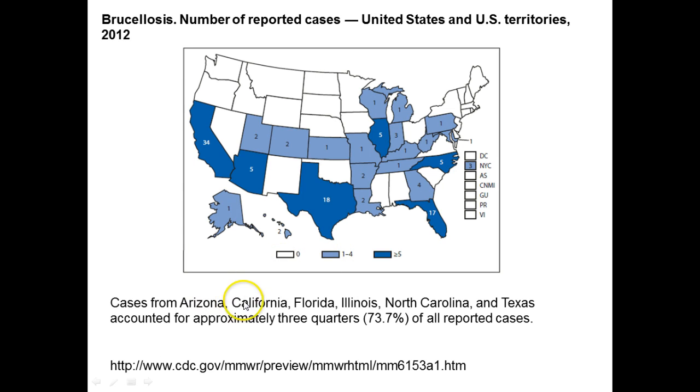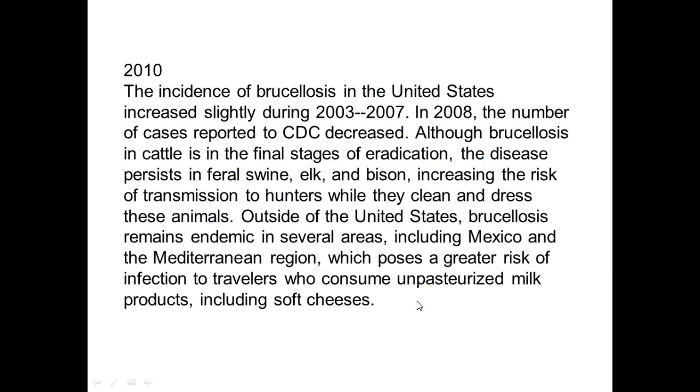They said Arizona, California, Florida, Illinois, North Carolina, and Texas account for three-quarters of all reported cases. And again, it just has to do with the fact that they have a larger number of cattle, so therefore a greater incidence. The incidence of brucellosis in the United States increased slightly from 2003 to 2007.